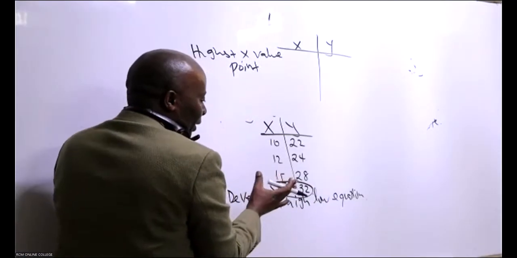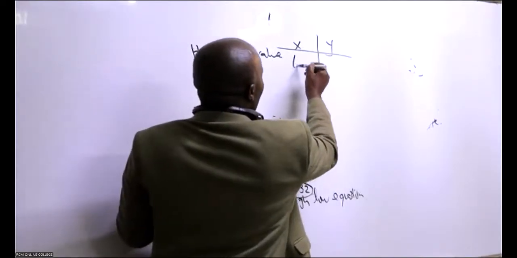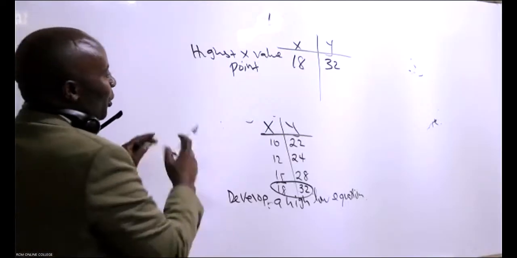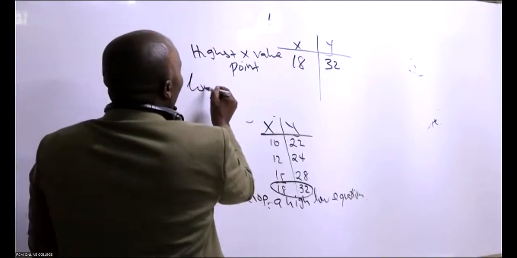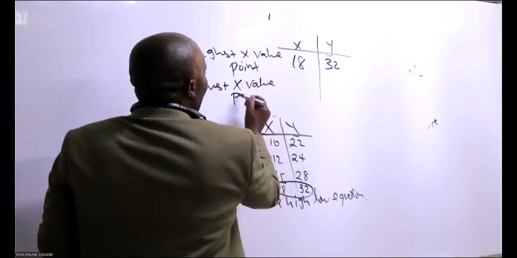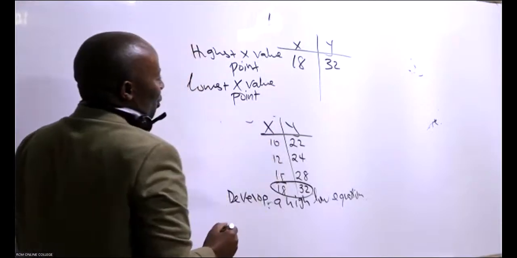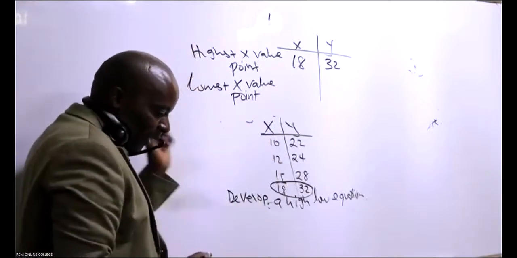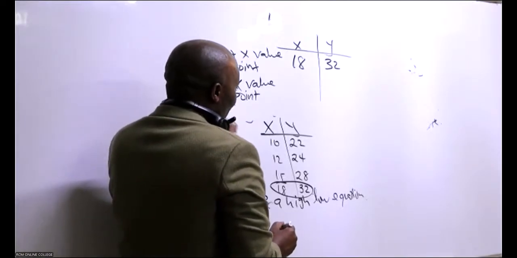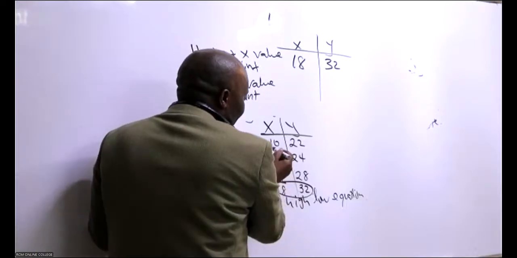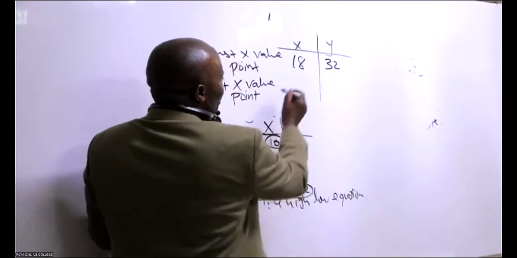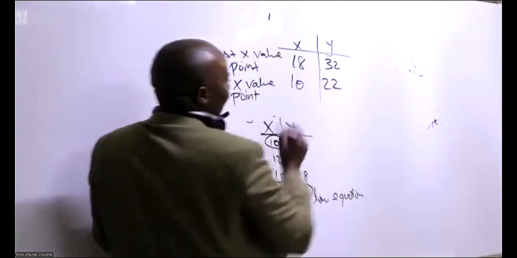So we have 18 versus 32. Then pick the lowest X value point, not Y. The lowest X value is 10, so you pick 10 with 22.